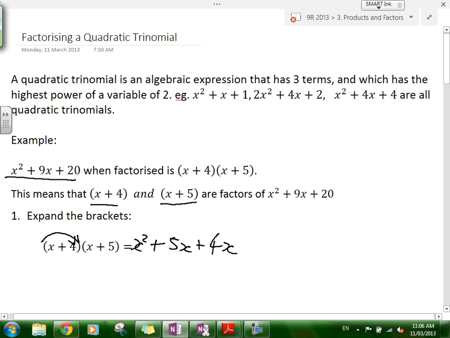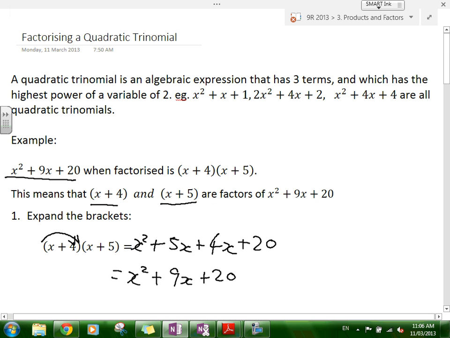And then the last term is going to be 20. Good. Now let's simplify this expression, please, Rebecca. Good. So x squared plus 9x plus 20. So are you all convinced that this has factorized this? Okay, we've proven that that's true.